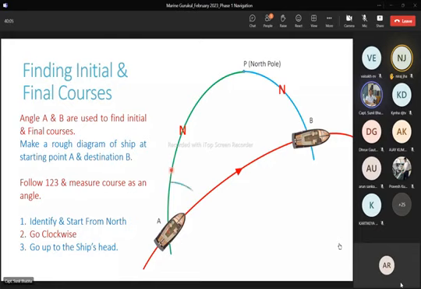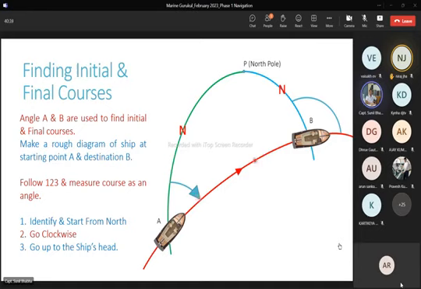Starting from north, I move in the clockwise direction represented by this light blue color arrow. So starting from north, going clockwise, I go up to the ship's head. Now this angle basically gives me my initial course.